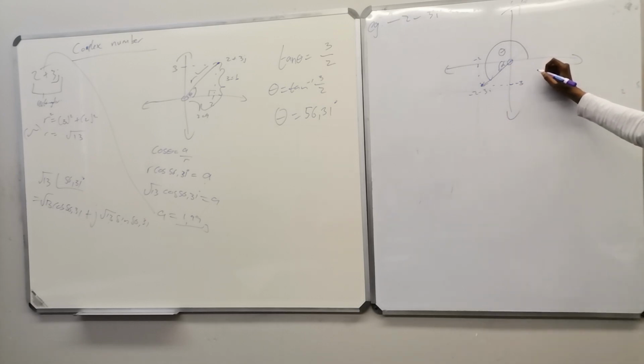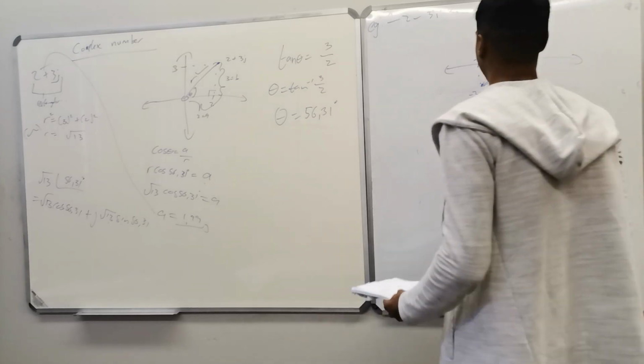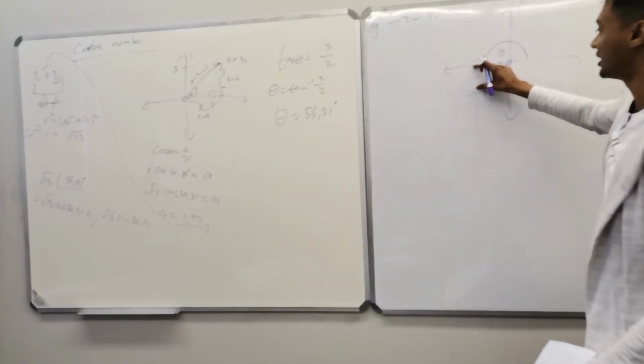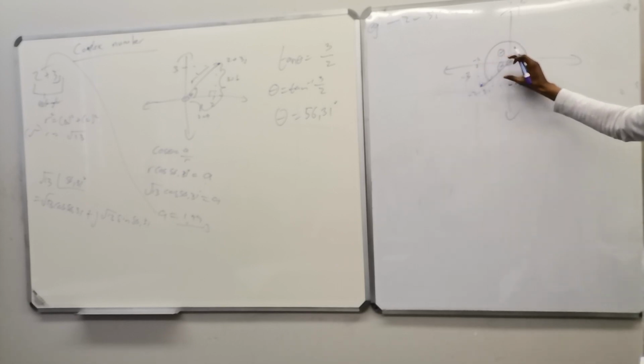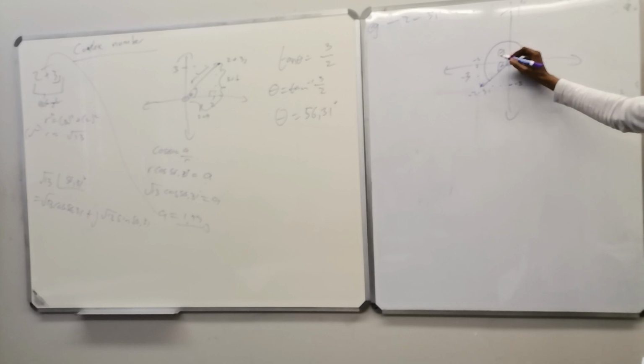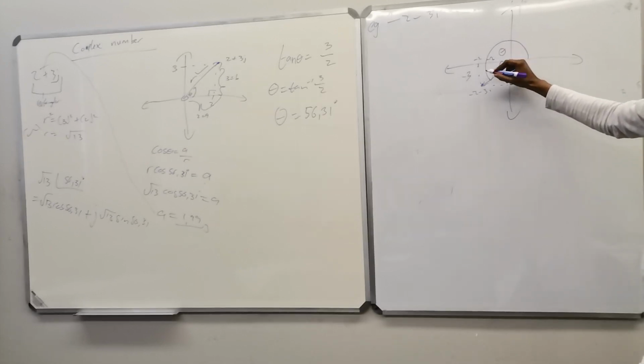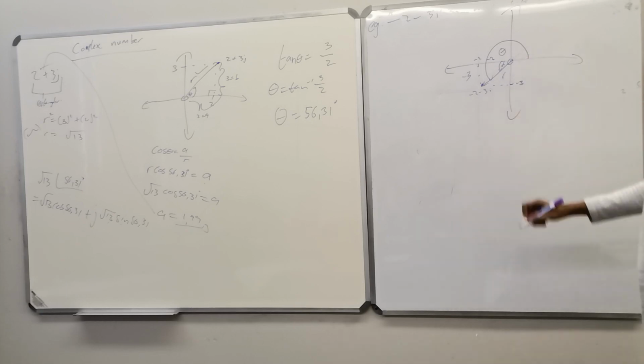So this portion right here is what? -2 or -3? It's -3. And then this portion right here is -2. So we got our A, we got our B, we need our R.